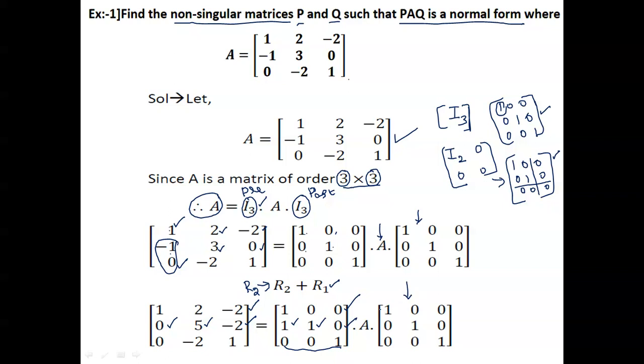Okay. Now our aim is to make these elements 0. So now we apply the column operation. This is C2.